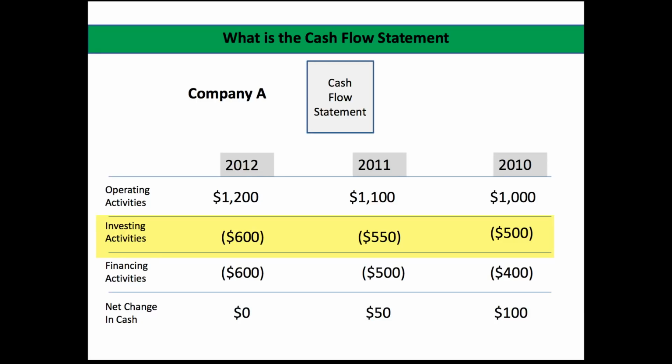It could be any of those things. But what you want to see is you want to see a negative number, because that means he's investing. Now, if you saw a positive number on that line, that would mean that he sold his stock, or he sold his bonds, or he sold half of his plant to some other company that is now producing candy. And now he doesn't have that capability to generate that cash flow for the next period.